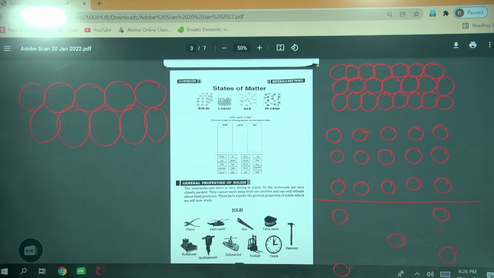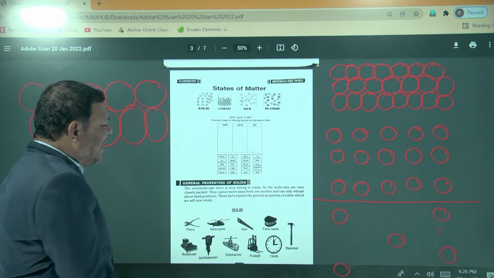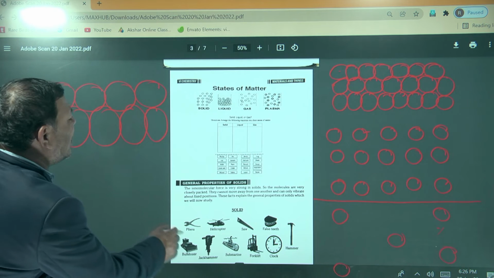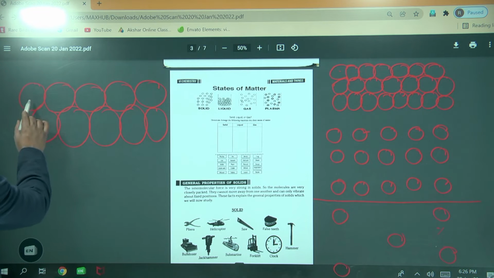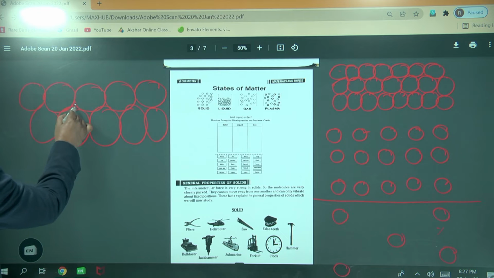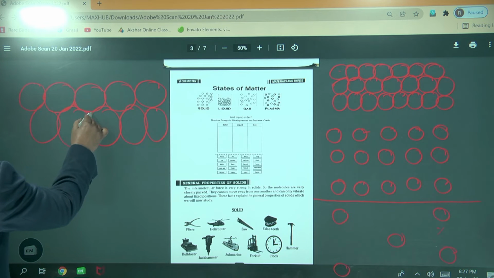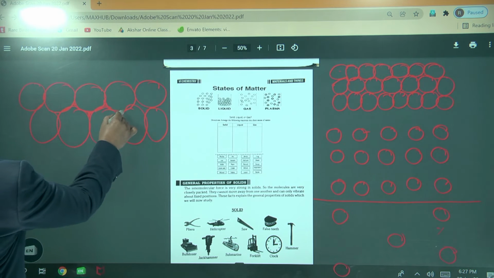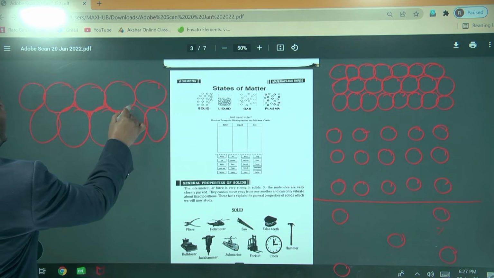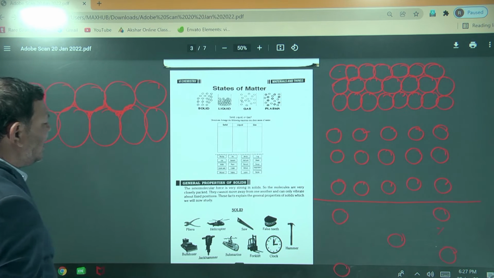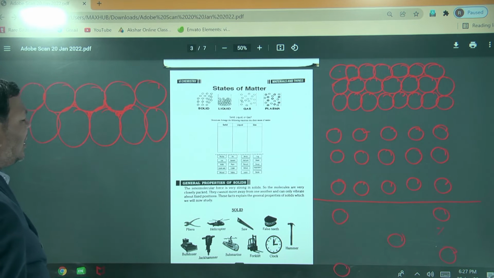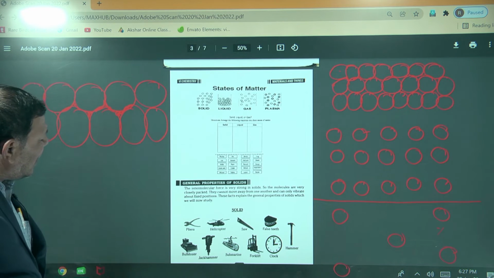They are very closely packed and cannot move away from one another; they can only vibrate. There is no gap between them. They are attached very strongly, and the attraction force is greater. They are fixed in position. These facts explain the general properties of solids.